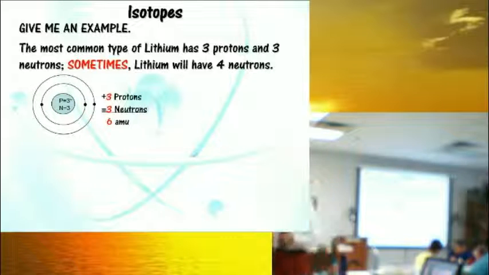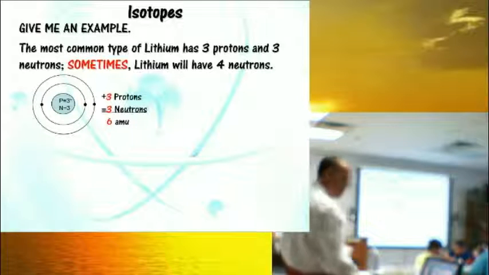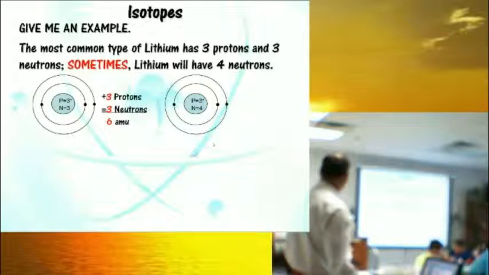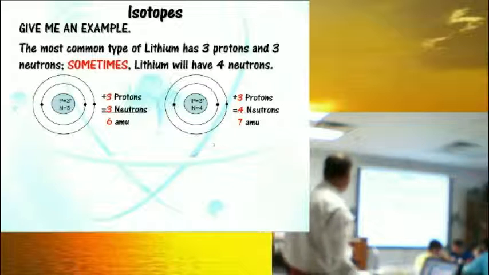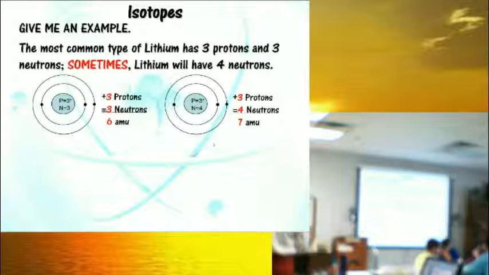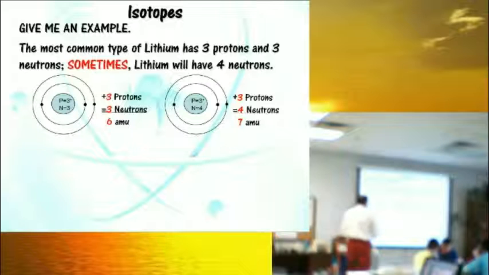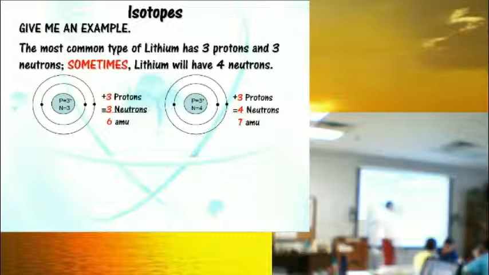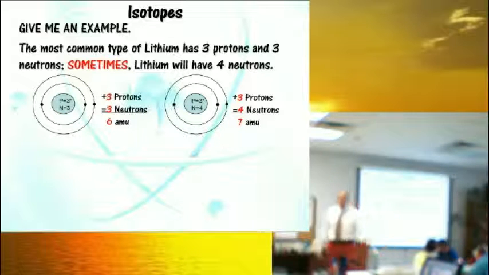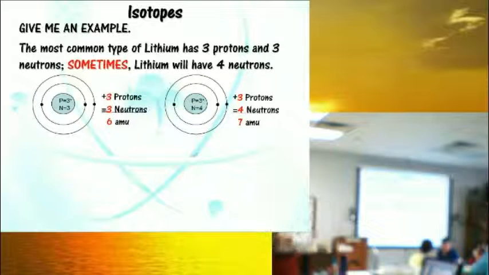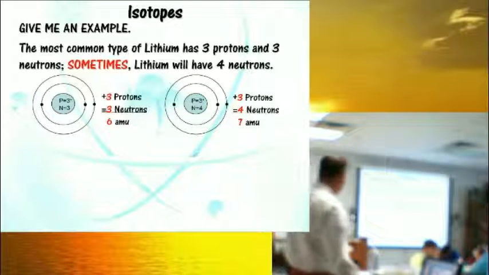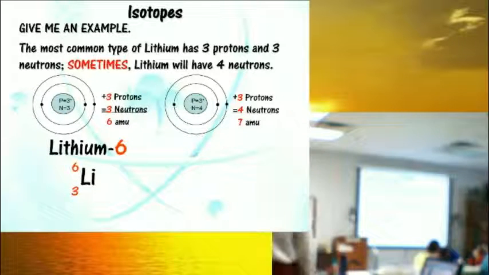Occasionally, however, lithium will have 4 neutrons. And it will have a mass of 7. These are isotopes of one another. Okay? This one happens to be lithium 6.